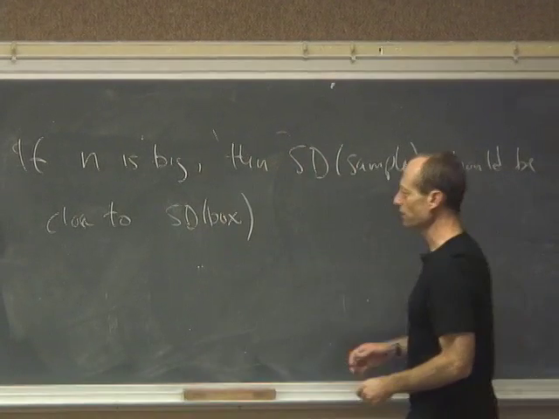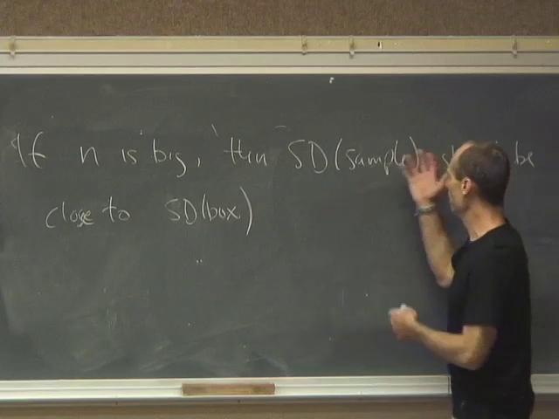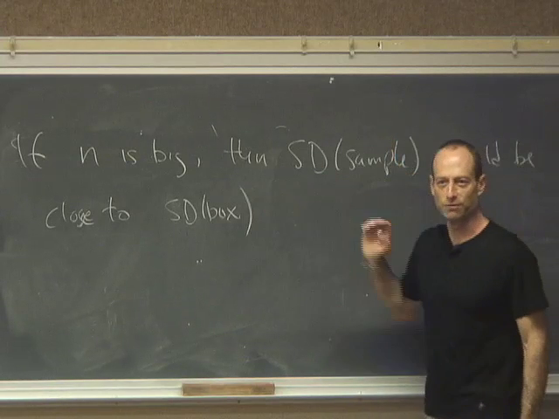Okay, I'm not going to make this a quantitative statement, but just sort of if the sample is sufficiently large, then this ought to be a good approximation of that.